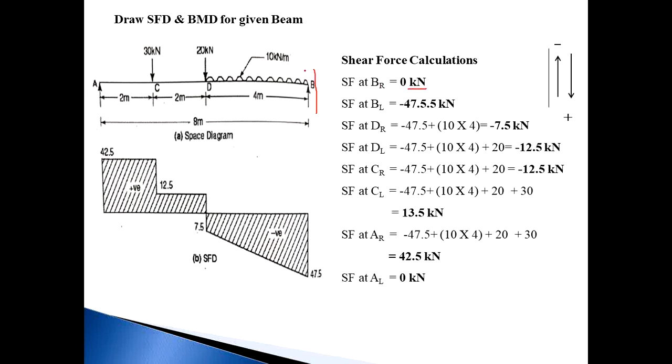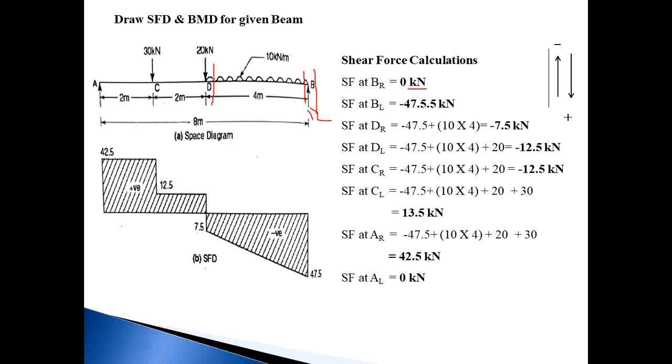Then next, section number 2: mark a section at B just on the left side. The force on the right side is RB, whose value is 47.5 and the direction is upward. Upward force is considered minus, so SF at BL is minus 47.5 kilonewton. Then mark a section just right of D and consider this side.